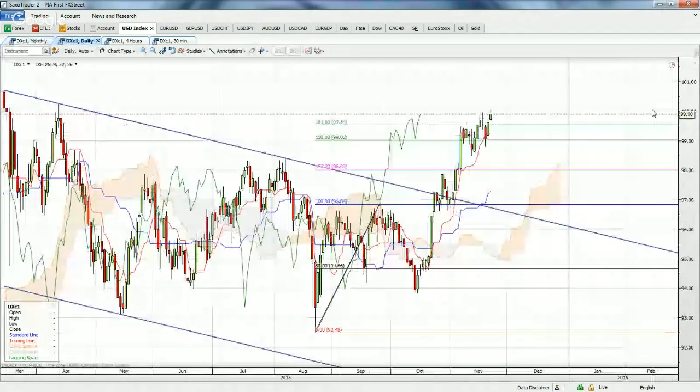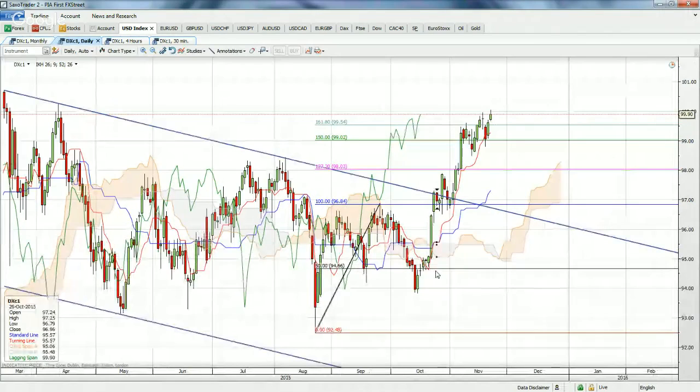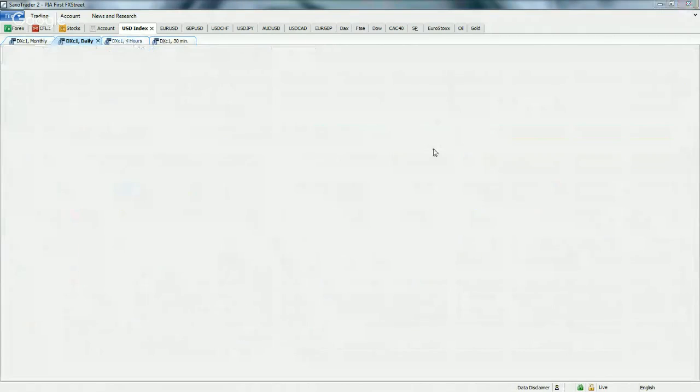Now, there's a few things that make us wary this week. Firstly, we've already mentioned that there's nothing really in the way of great economic releases until later in the week. I'll show it on the 4 hour chart actually.